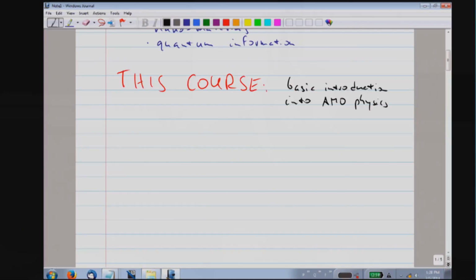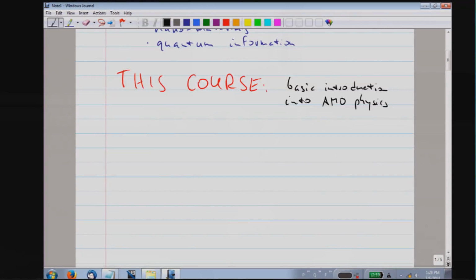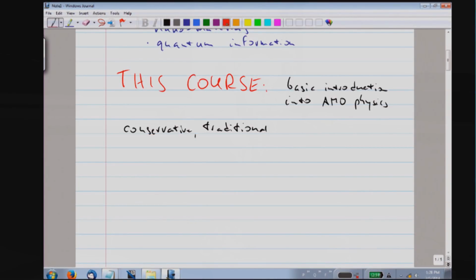The course, if I want to characterize it, I would say it is a conservative course. It's also, in this sense, traditional. One reason for that is MIT, the tradition we have at MIT.